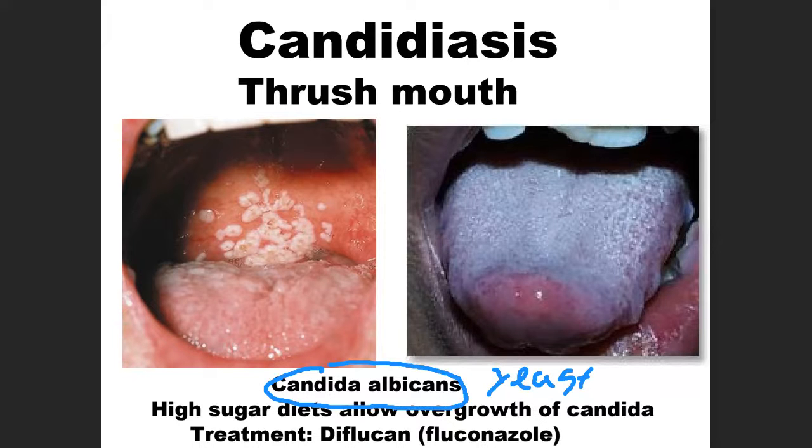We see oral thrush mainly in children, especially if the child has taken a lot of antibiotics and those antibiotics have wiped out the normal flora in the mouth. Well, that can serve as an opportunity for this yeast to move in and cause an infection here. And to make matters worse, if that child is also really used to drinking a lot of sugary things, this yeast loves sugar. And so the more sugar you give it, the happier it is.